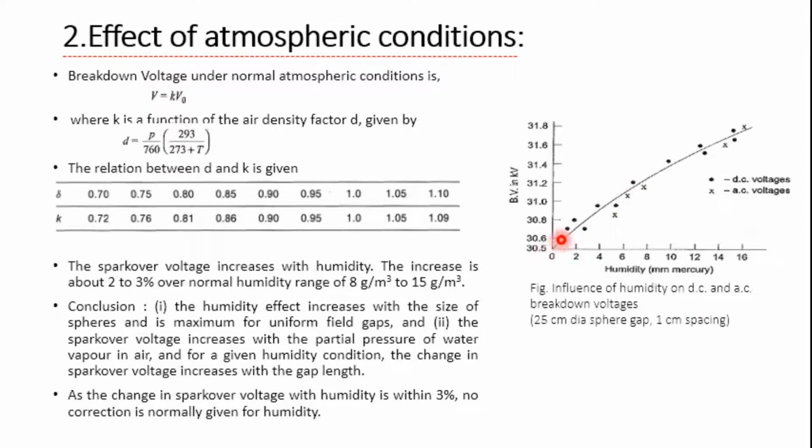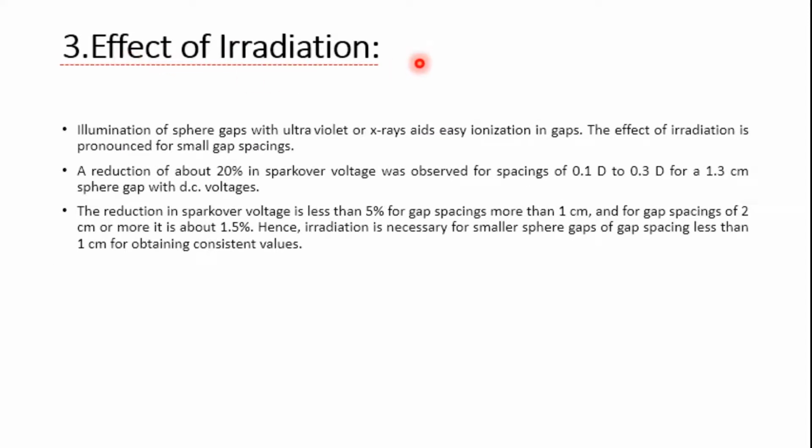When you go on adding these points, this is subjected to both the positive and the negative polarity, and these errors, these values, will be within the range of plus or minus 2 to 3% errors. So generally we can plot this negative and positive waveform for 25 centimeter diameter and 1 centimeter spacing. Next one is the effect of irradiation.